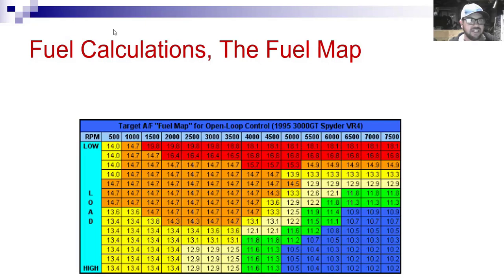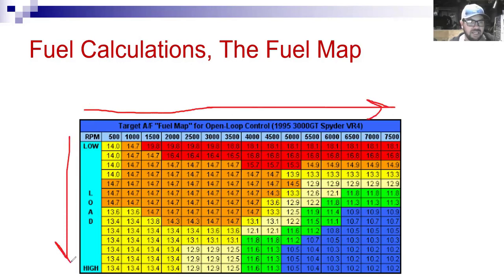You can see we have our engine RPM going across the screen, higher and higher RPM, and then our load from low to high. We've taken speed and load and tabled that out for different air fuel ratios at different speeds and different load values.